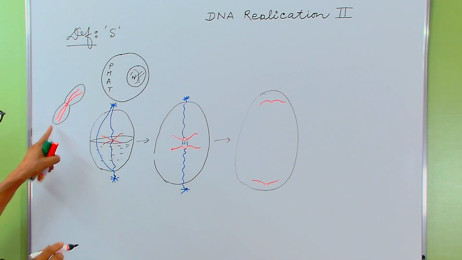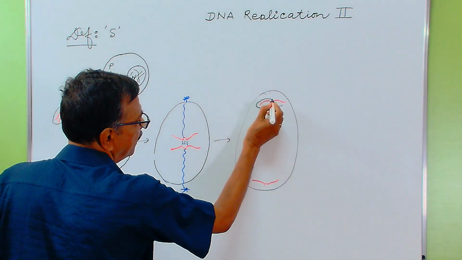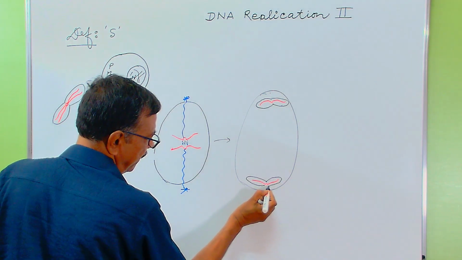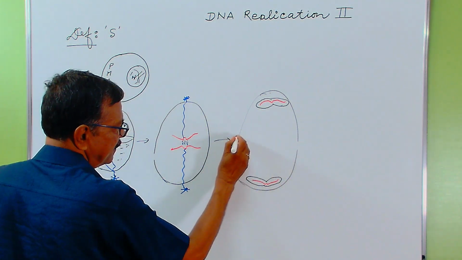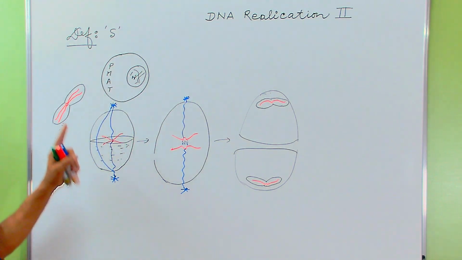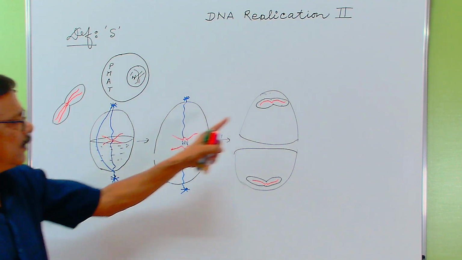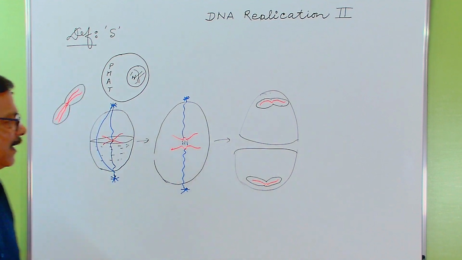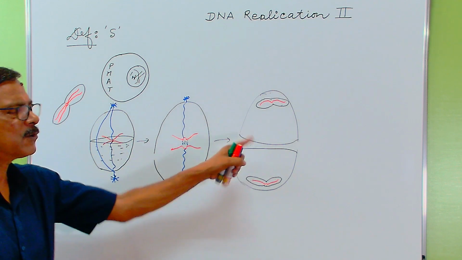The nuclear membrane will form, and now cytokinesis will take place. From this one cell, two daughter cells have been produced, but actually it is an equational division.